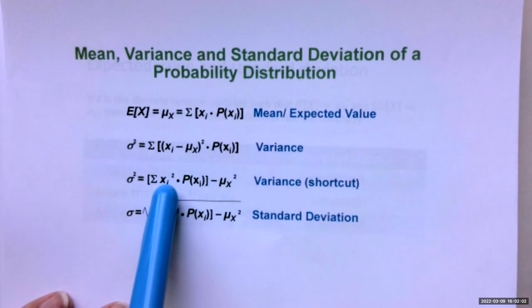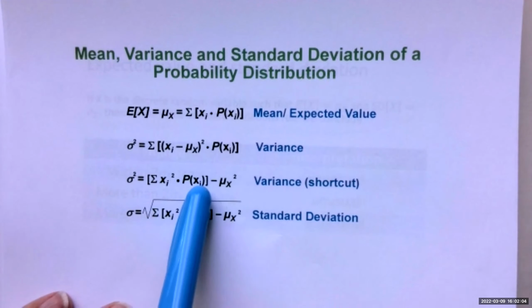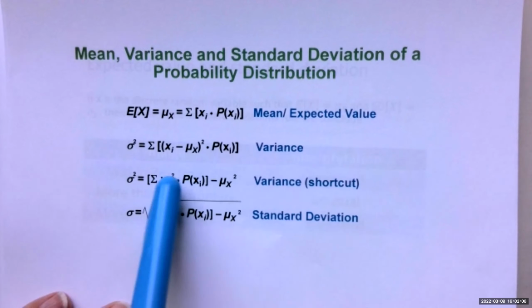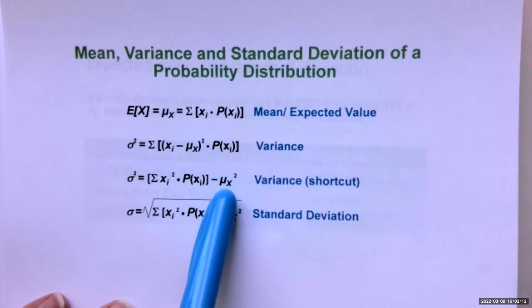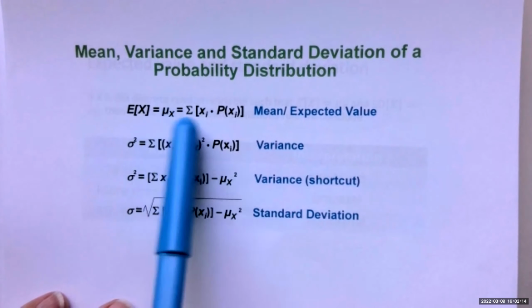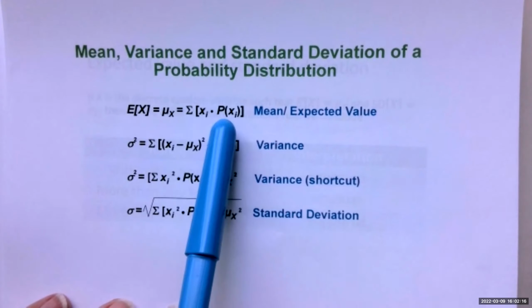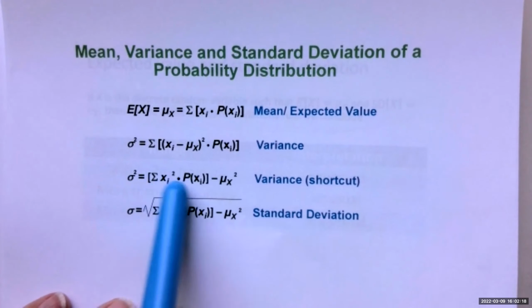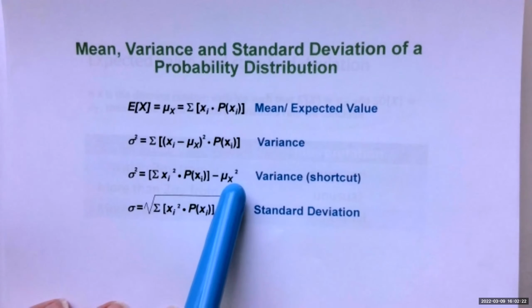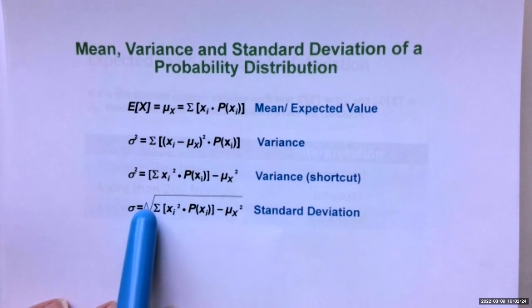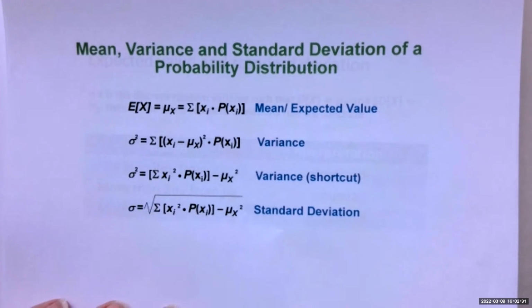So if this is your first x, this is the probability of the first x, and then you're going to add these products up, and then in the end you're going to subtract the square of the mean that we found using this formula. So I'm going to use this formula in our following examples. And the standard deviation is, of course, the square root of the variance.